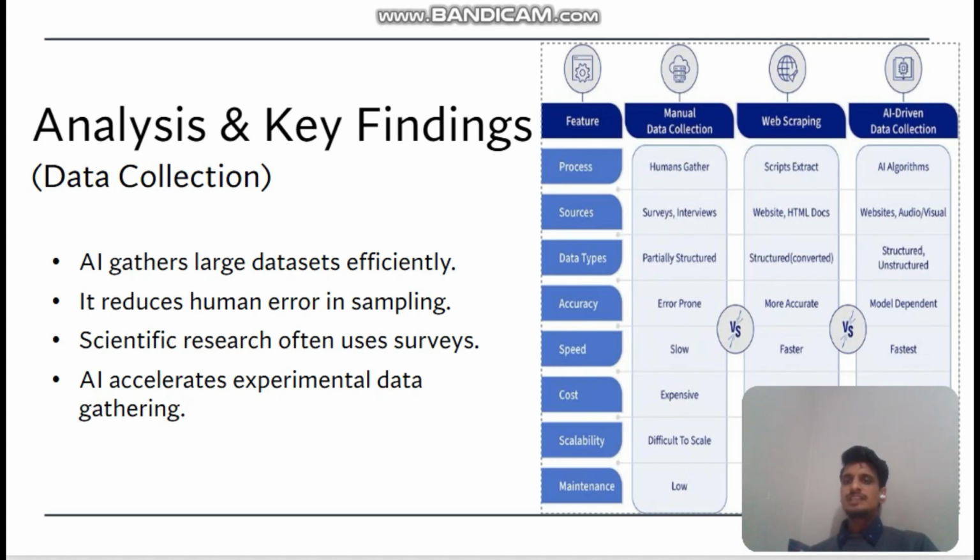And you can see in the image the features: manual data collection, web scraping, and AI-driven data collection. You can see the process, resources, data collection, accuracy by human. What's the process of manual data collection?